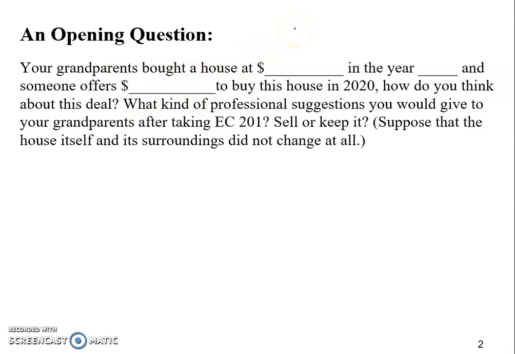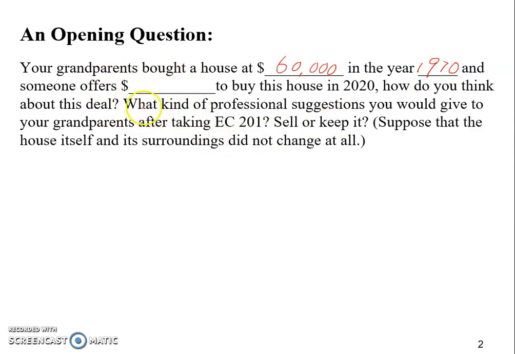All right, and now here let me just make up some numbers so that we can continue talking about it. Now suppose your grandparents purchased the house with, let's see, $60,000 in the year 1970. How about that?